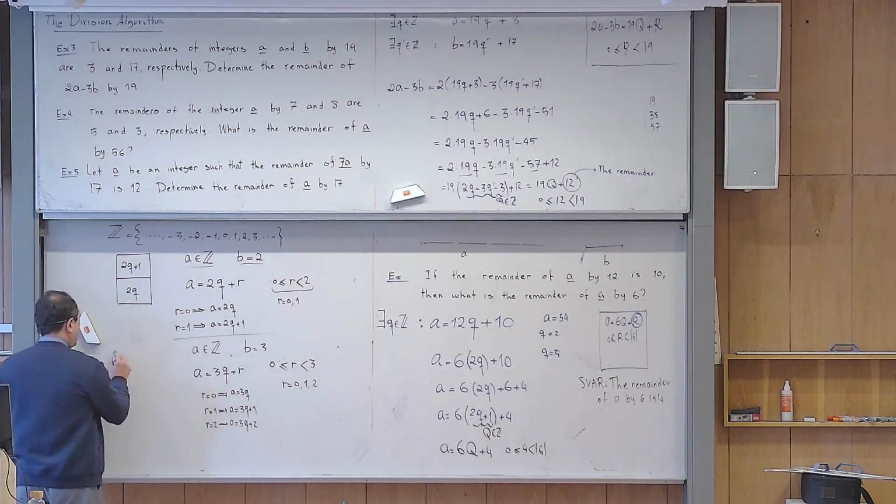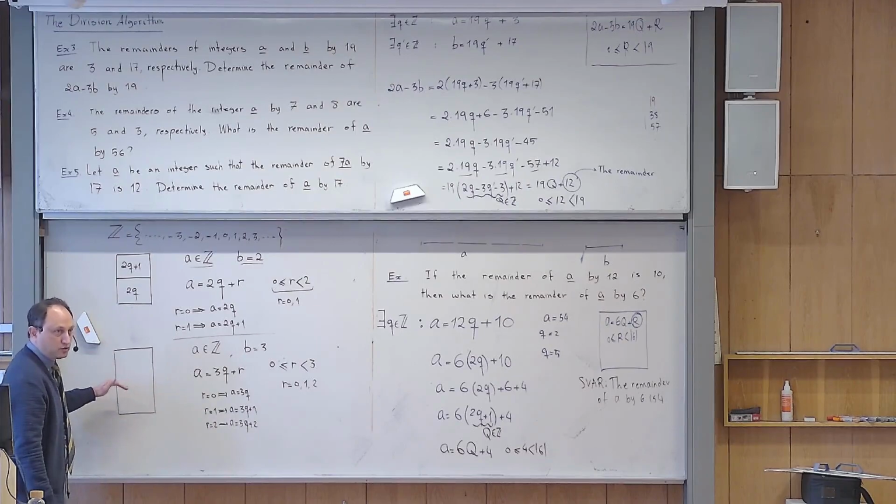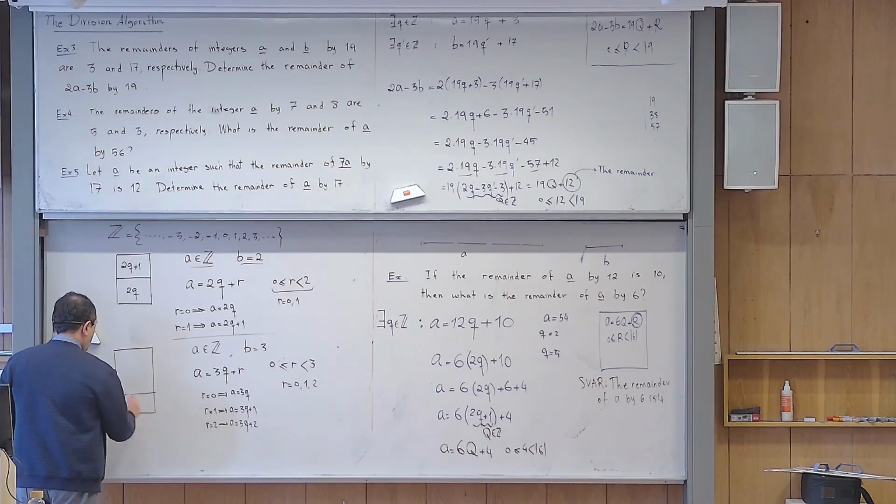Then what does it mean? It means that the same building of integers, now using this number, is partitioned into 3 different, non-overlapping groups. For example, let us say the bottom floor is 3 times Q, the middle one is 3 times Q plus 1. I want you to understand the meaning of this diagram. What is the meaning of this diagram?